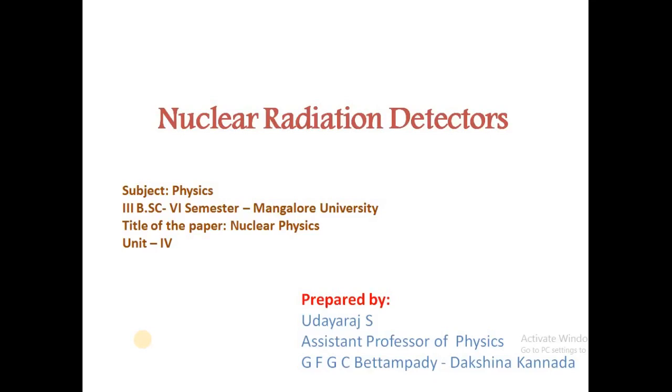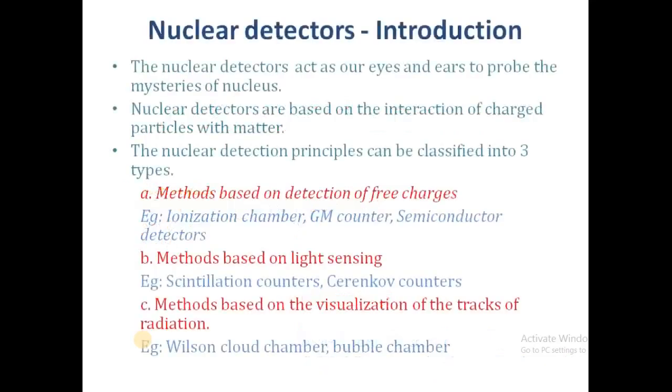In this video lesson, we are going to learn about nuclear radiation detectors. Evolution of techniques of nuclear radiation detection has played a vital role in unraveling the mysteries of the atomic nucleus.